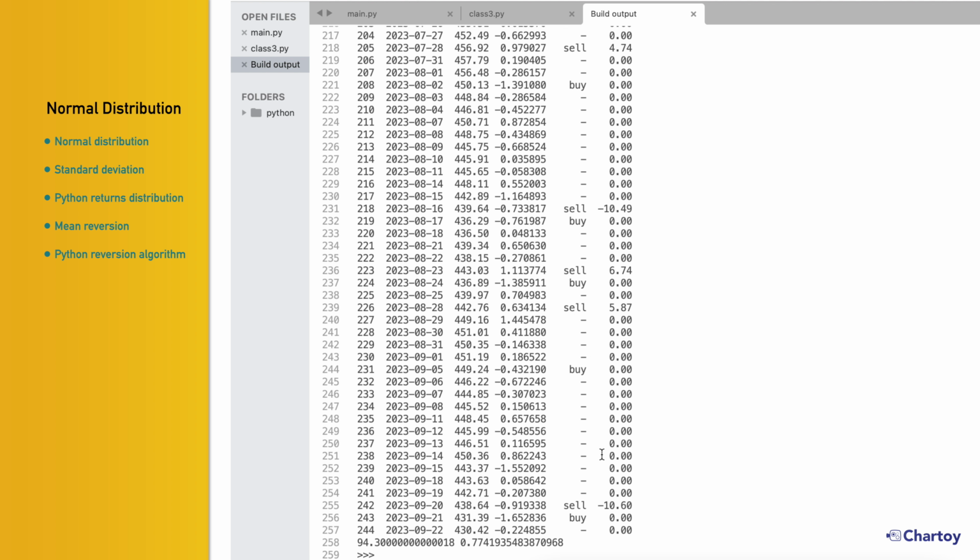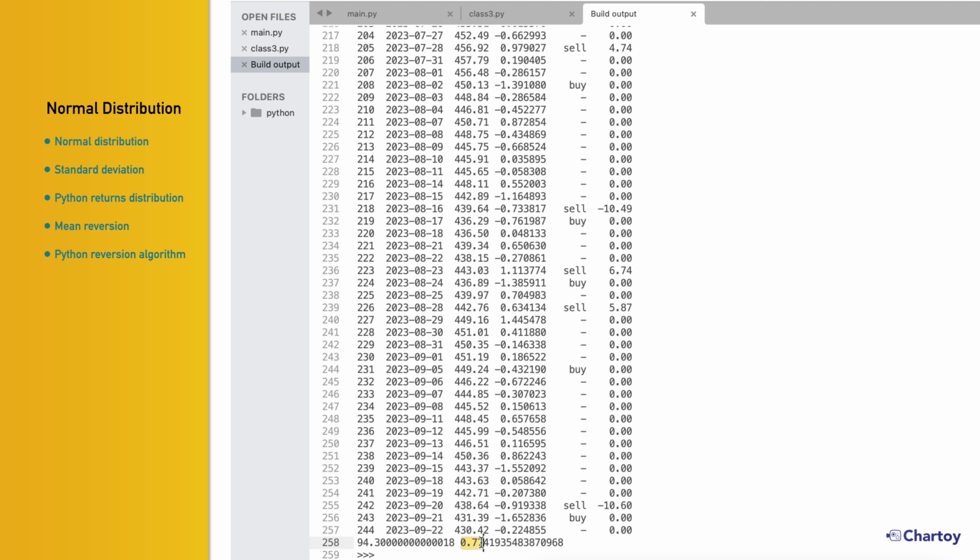And at the bottom line, you can see we print the total profit, which is 94.3 US dollars. In this case, we assume that we buy one stock at a time. You could buy 100 or whatever you want, but this should be multiplied by the number of stocks that we bought, and we see that the win ratio is 0.77, which means 77% win, which is not bad.